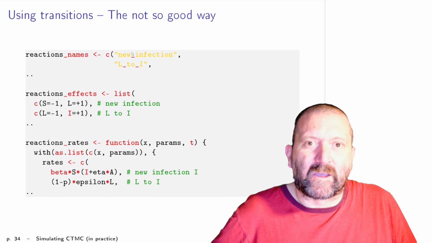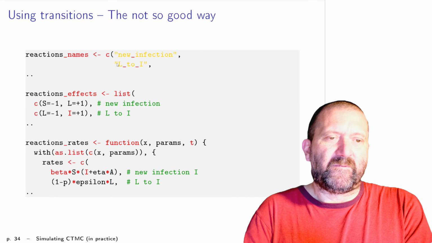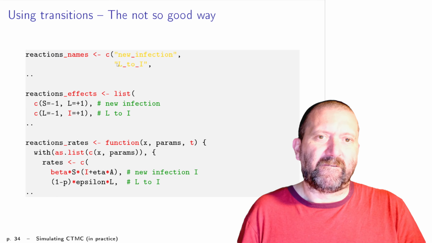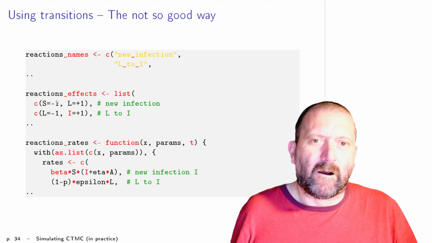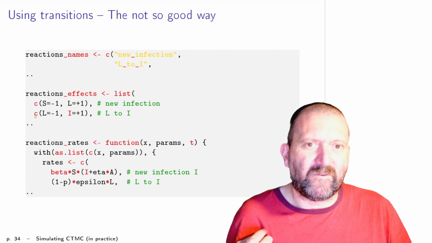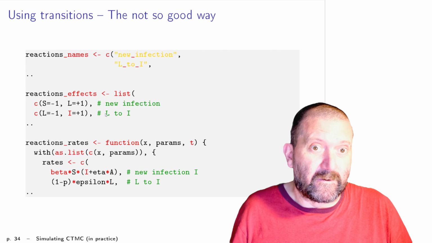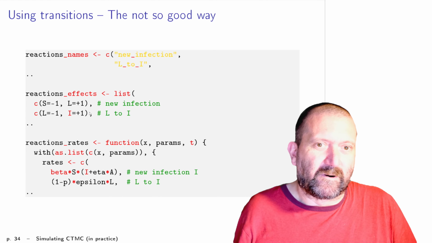Here I've said my reaction is a new infection, and at the end of my new infection, I have a transition from L to I. When I have an infection, a susceptible individual moves to the L compartment, and when they are done with their incubation period, they move from the L compartment to the I compartment.